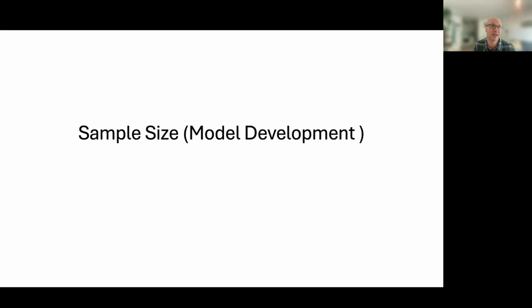So yeah, definitely that's a good question. Yes. So if you don't have a validation sample, then internal validation can be done. It won't be as good as external, but it's better than nothing.